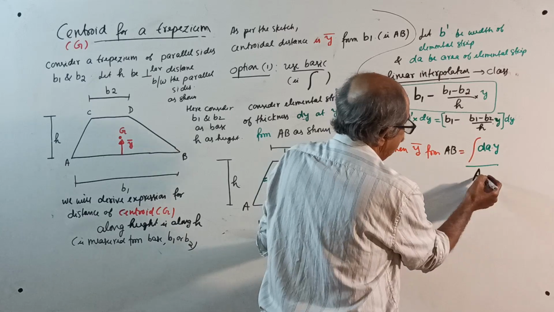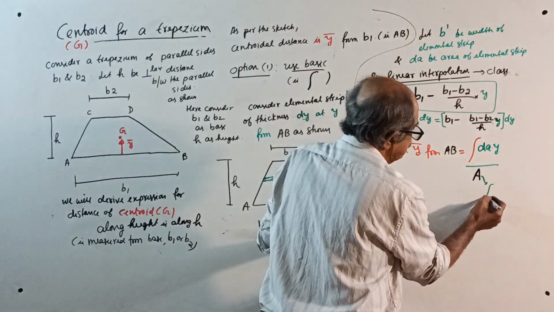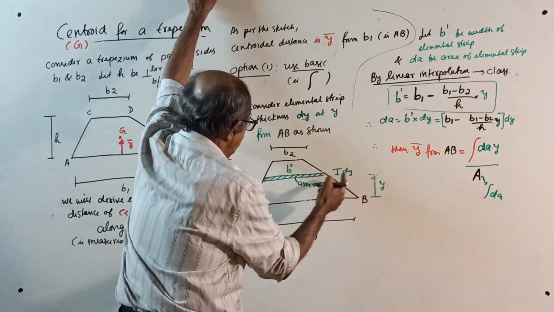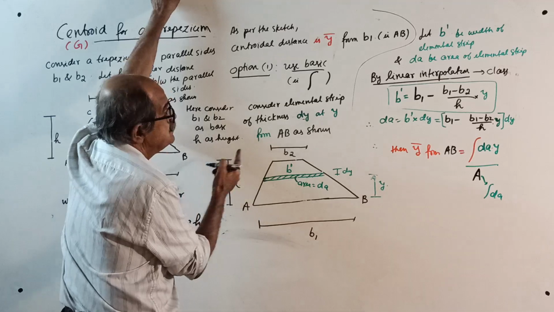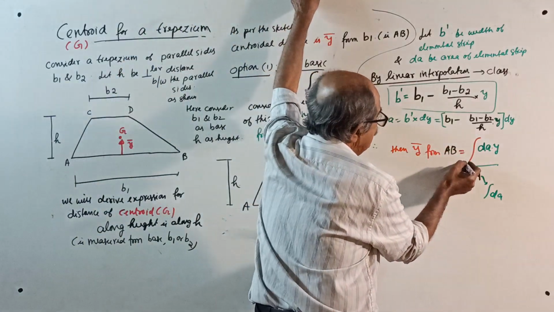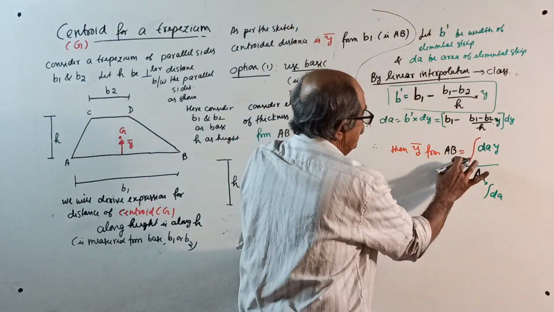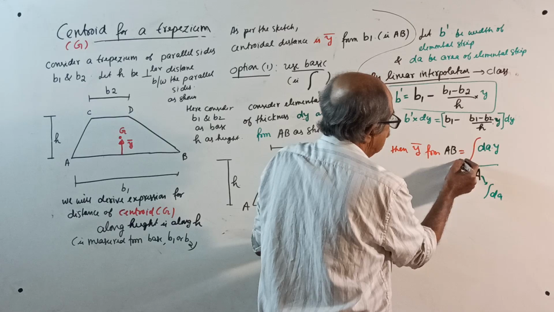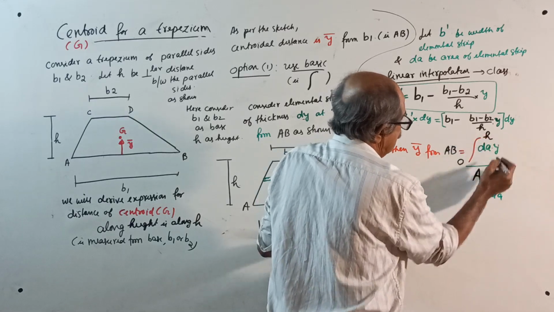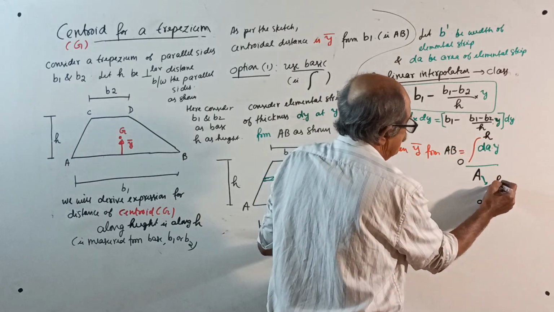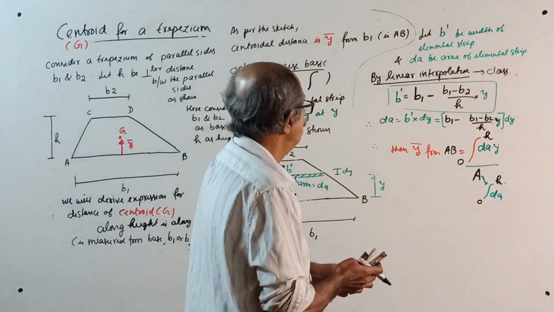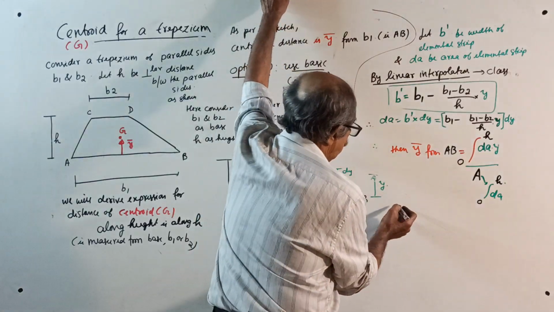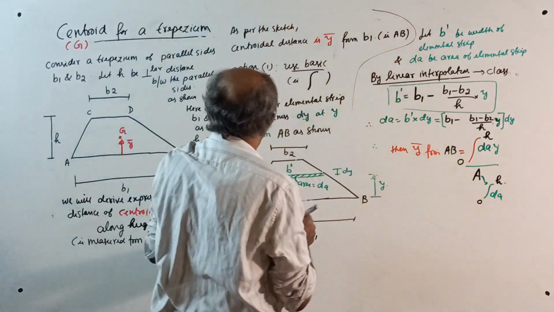Total area is nothing but integration of dA. Limit is our y will be varying from 0 to h, common sense. Y varies from black color, not green color. Y varies from 0 to h. This is the formula for y bar.